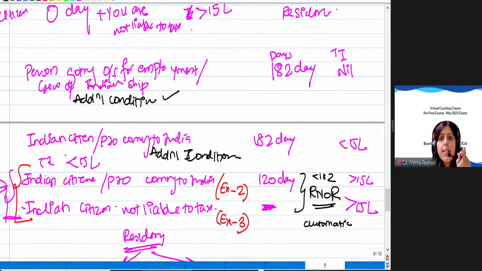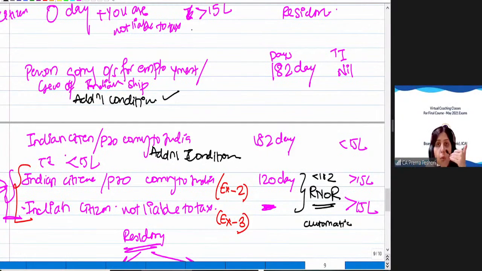So Pooja, you are asking, but will he not be taxable at all? So Pooja, understand one thing, he would be taxable in India on the Indian source income. Because for a non-resident also, India always taxes his income which is sourced in India.